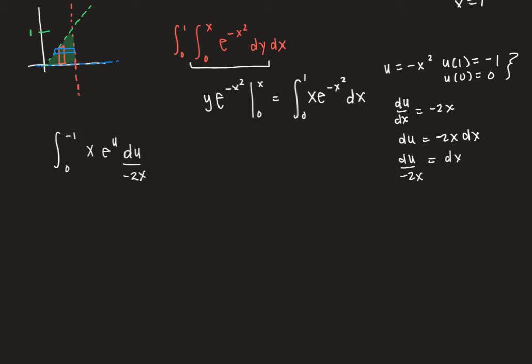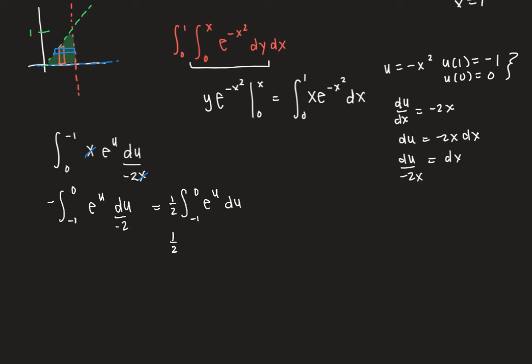Well, the x's cancel, and the negative will cancel when I flip the integral, because technically I'm going to have to change this. And so the negatives will cancel. So now I have the integral from negative 1 to 0, e to the u with a 1/2 out front, du.